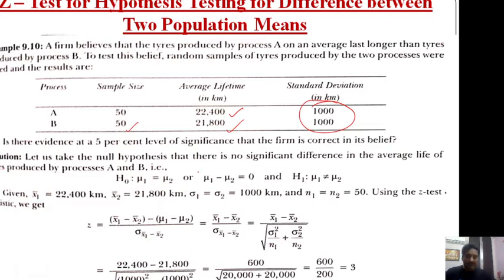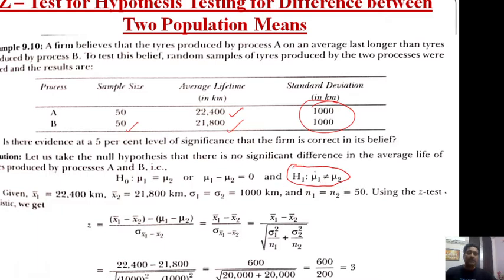What is the belief? The belief is that mu1 and mu2, the population means of both processes, are equal, or in another way, mu1 minus mu2 equals 0. Against the null hypothesis, the alternative hypothesis would be that these population means are not equal.